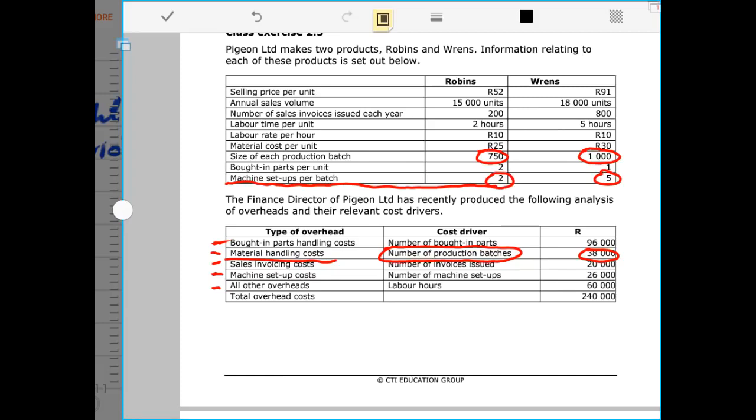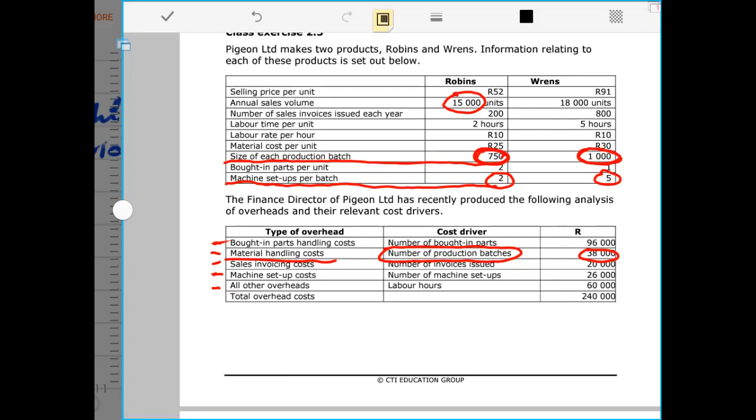So now it means if the size of the production batch is 750, that means every 750 units is one batch and 1000 units is one batch. And we produced and expect to sell 15,000 units.